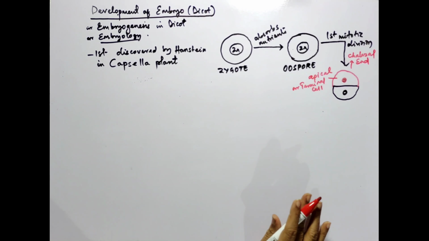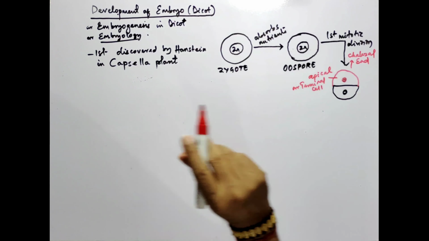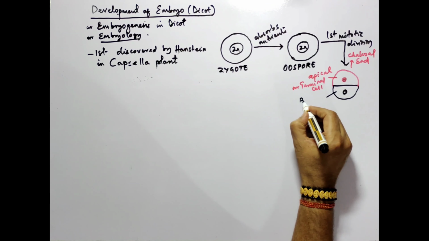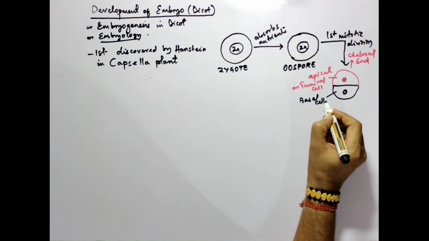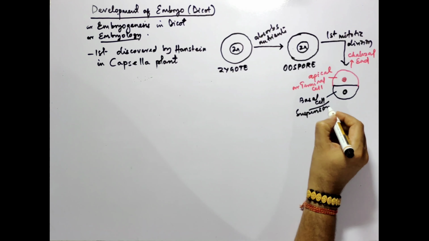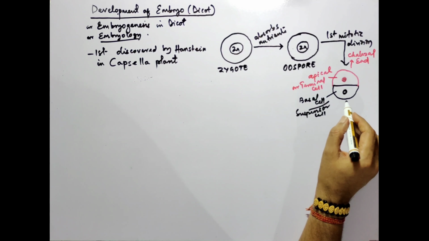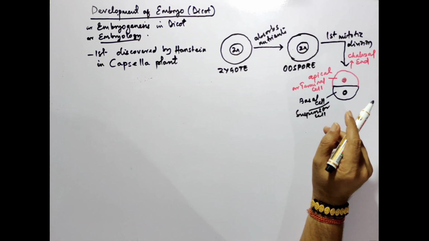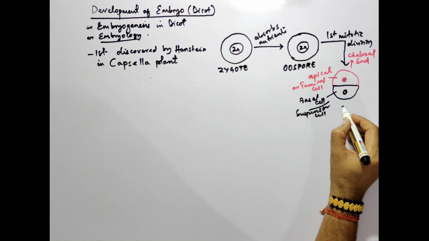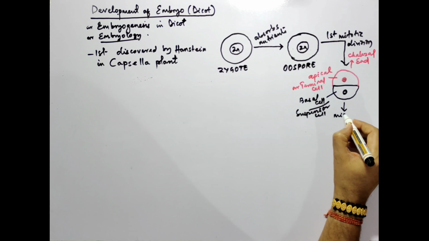This is the orientation of the two cells after the division, and this lower one, black in color, is the basal cell, or we can say suspensor cell, because it will later on produce the suspensor. Suspensor helps the embryo to enter into the endosperm and absorb the nutrients. The basal cell faces towards the micropylar end.